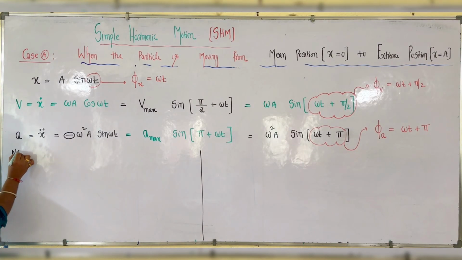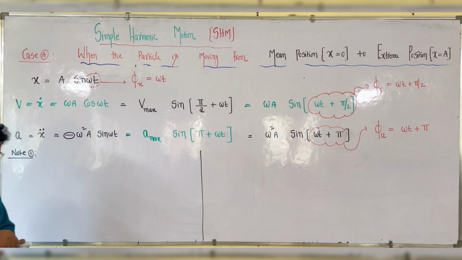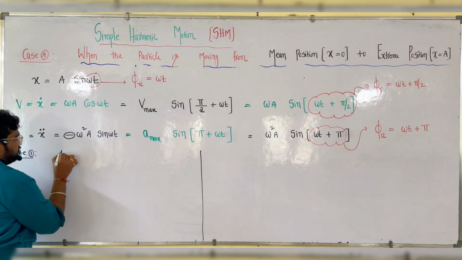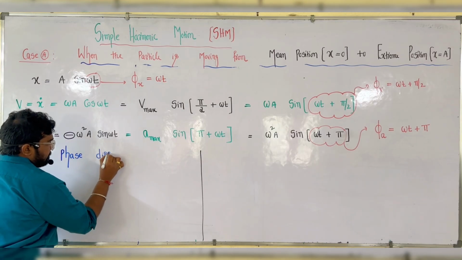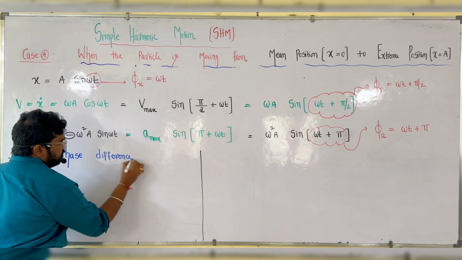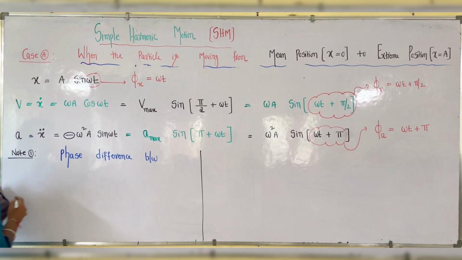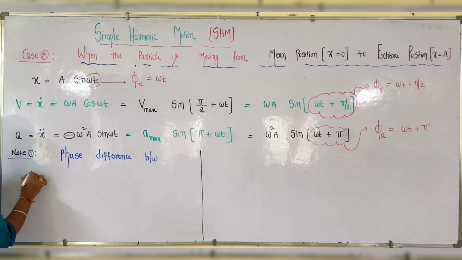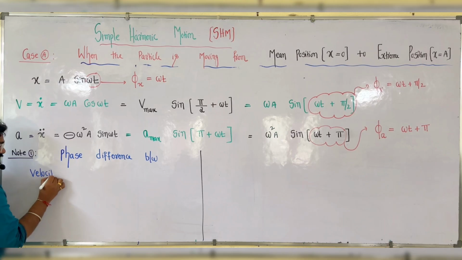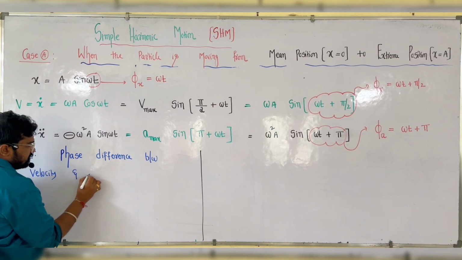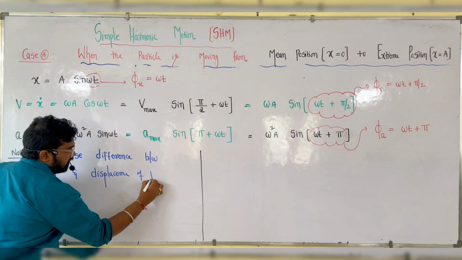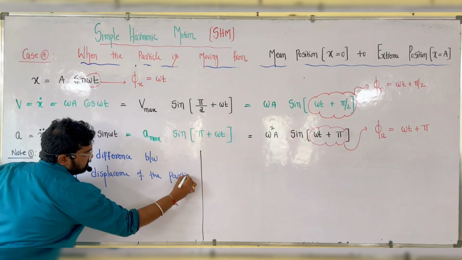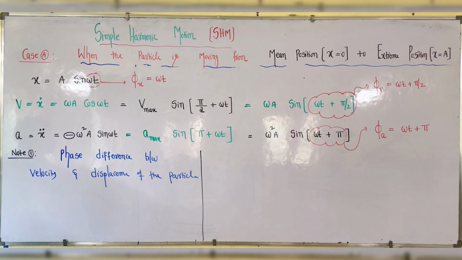Put a note. Statement number 1. The phase difference between velocity and displacement of the particle.